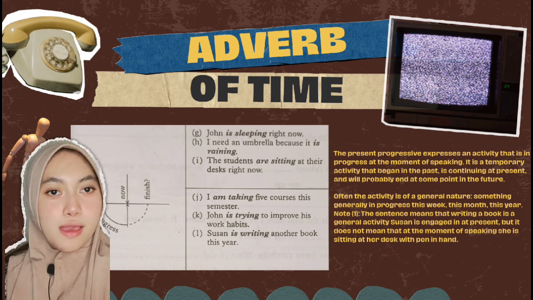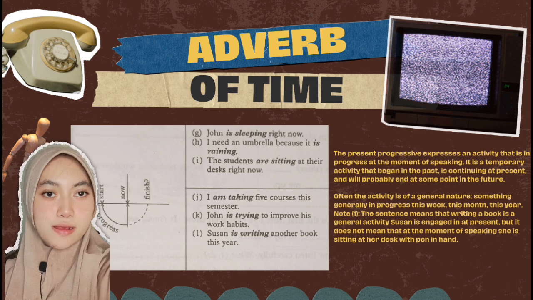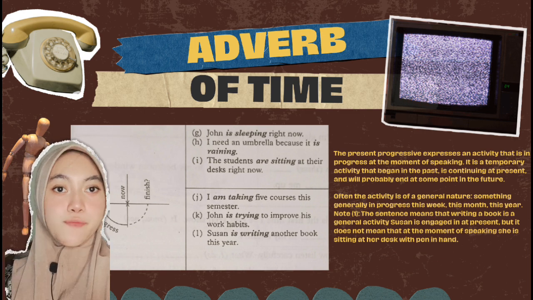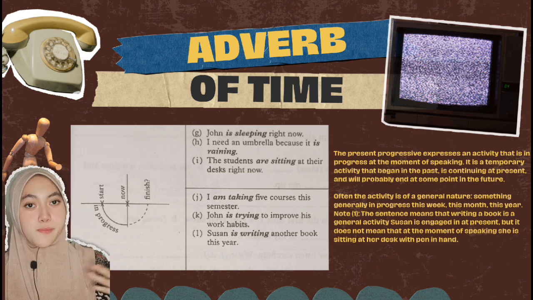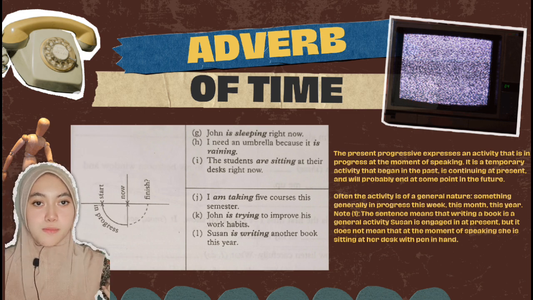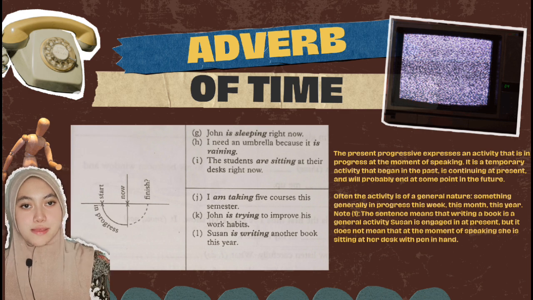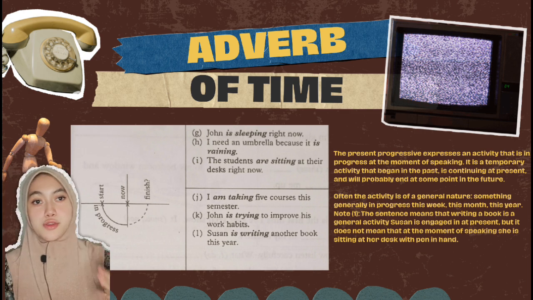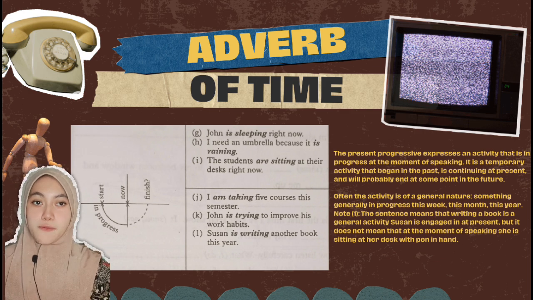The present progressive expresses an activity that is in progress at the moment of speaking. It's a temporary activity that began in the past, is continuing at the present, and will probably end at some point in the future.